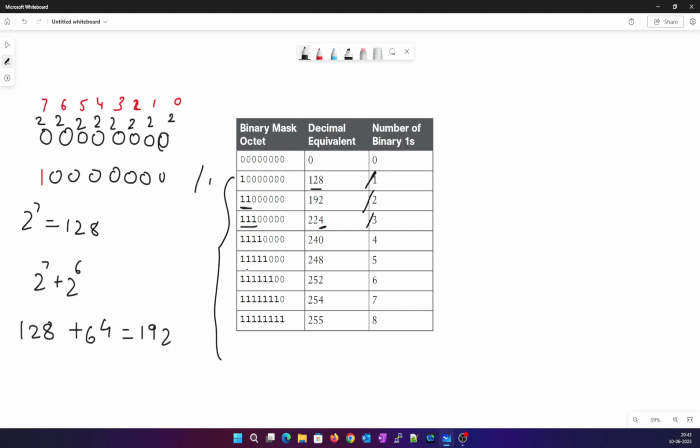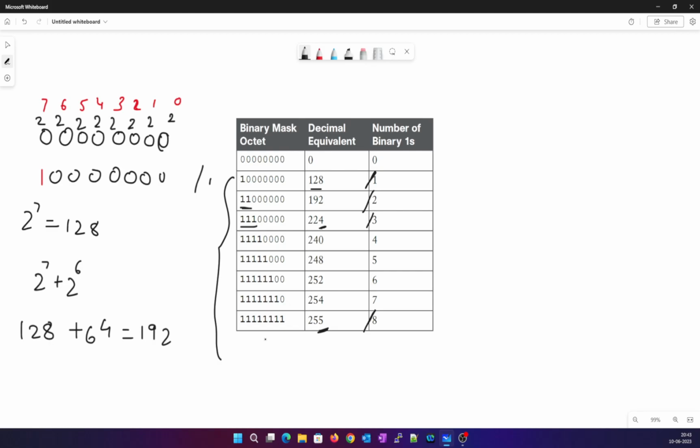Similarly, as we start to turn on all these bits to 1 from left to right, eventually we get a value of 255 in the end when we sum them up together. And that is why we call it a slash 8 prefix.